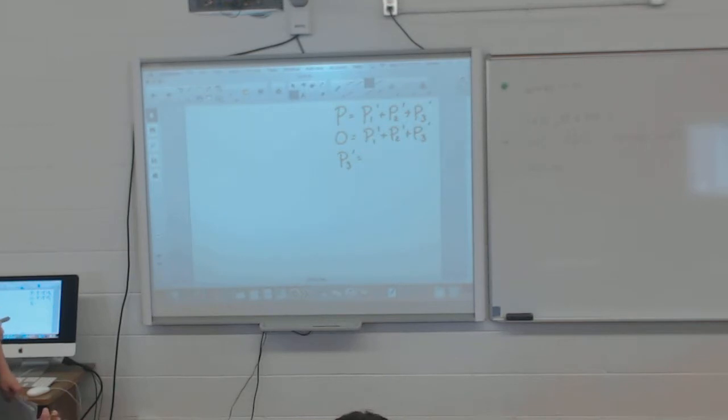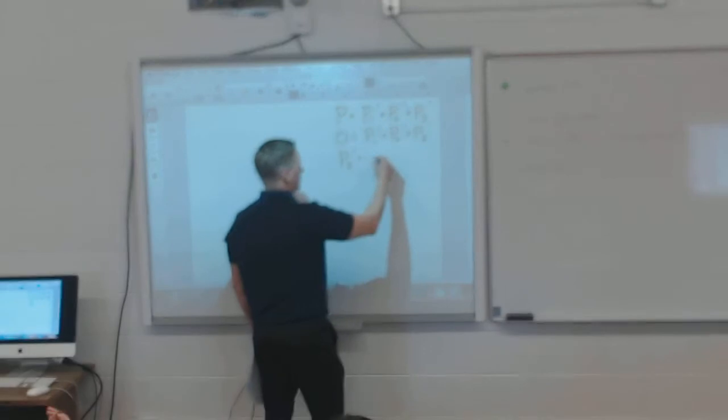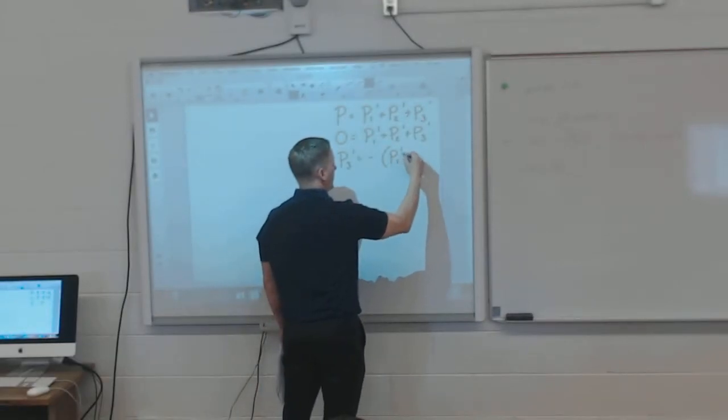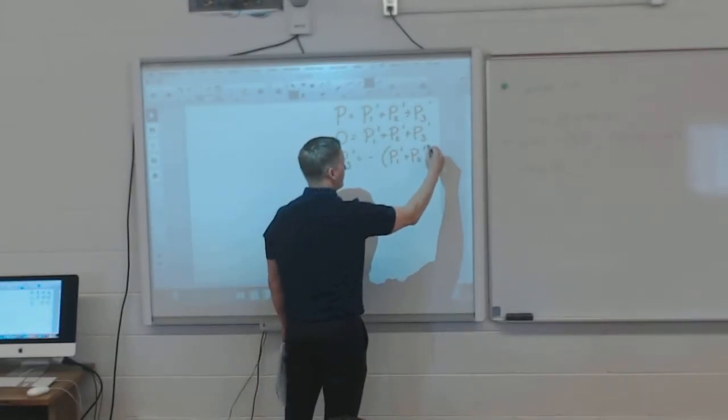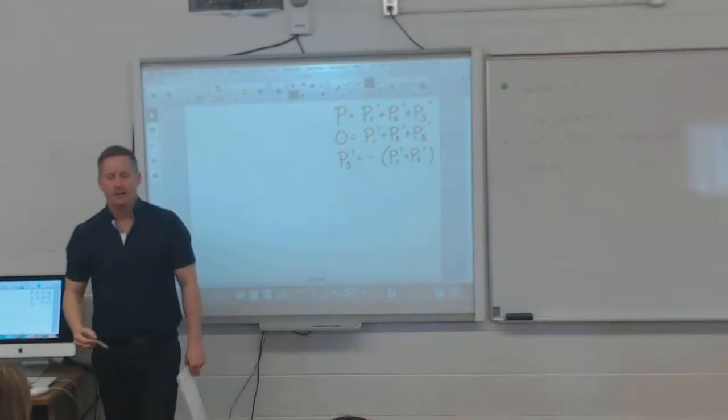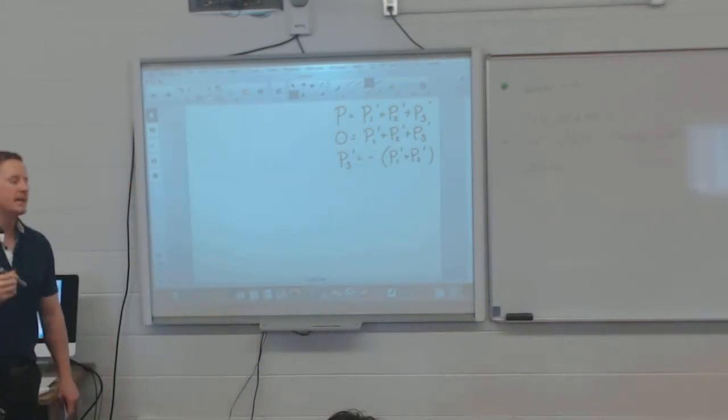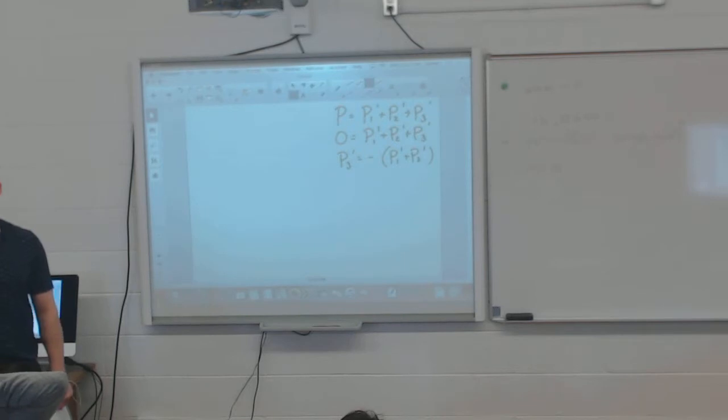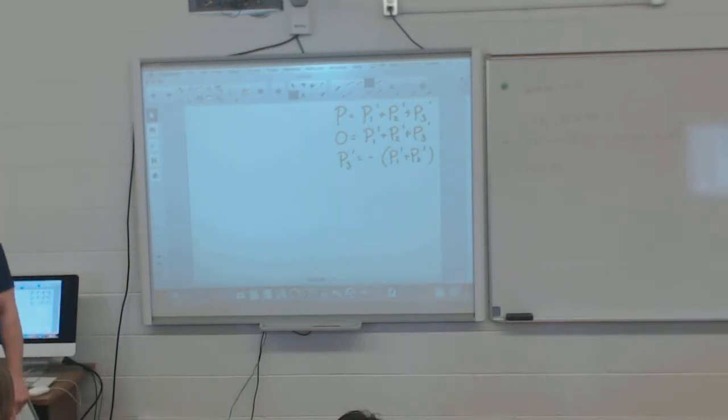I would personally go negative P1 prime plus P2 prime, like that. To me, it's easier if I do it by adding the two pieces together. That's the easiest way to do this question.